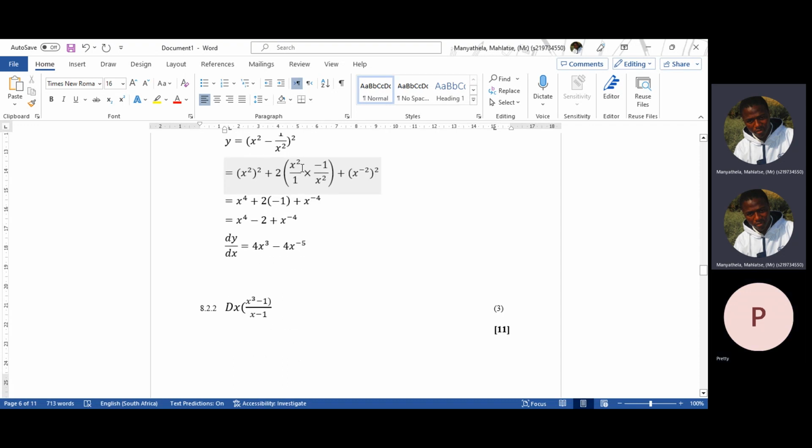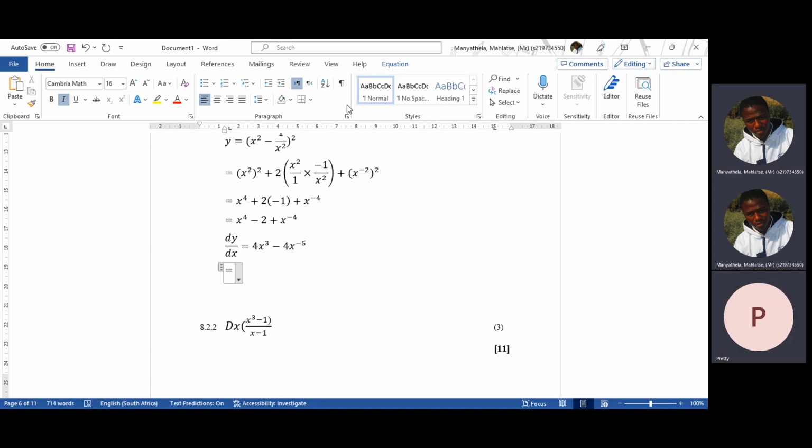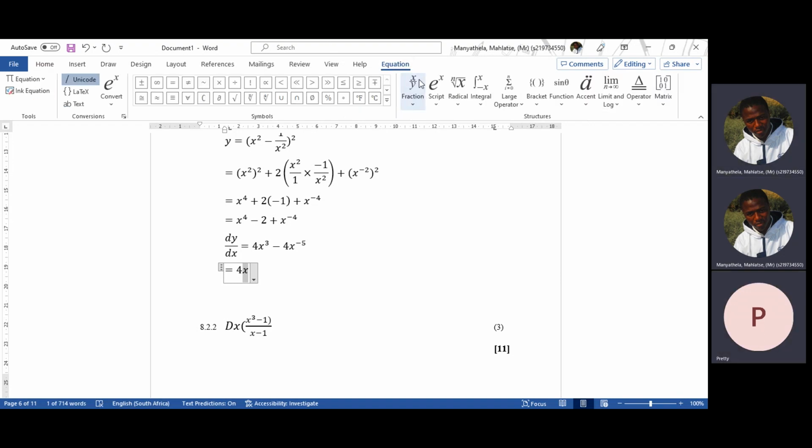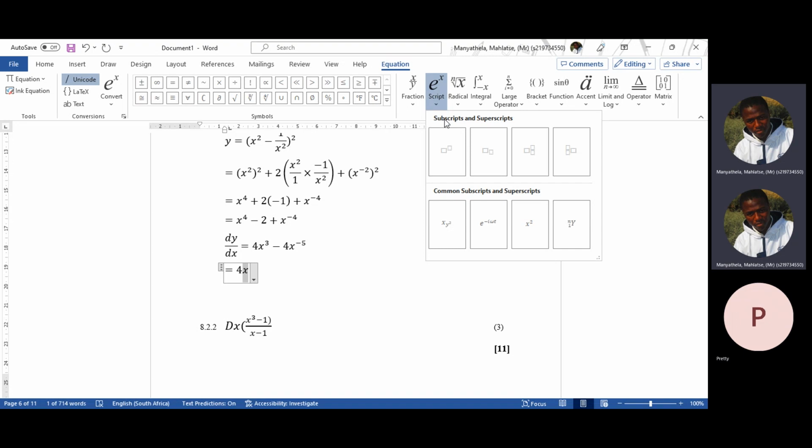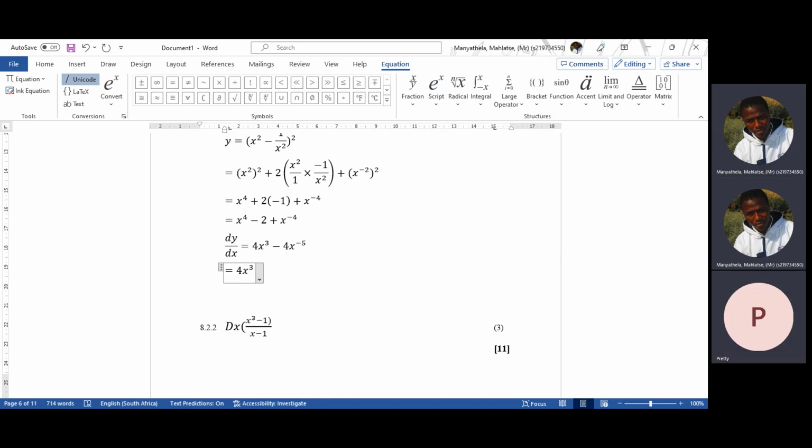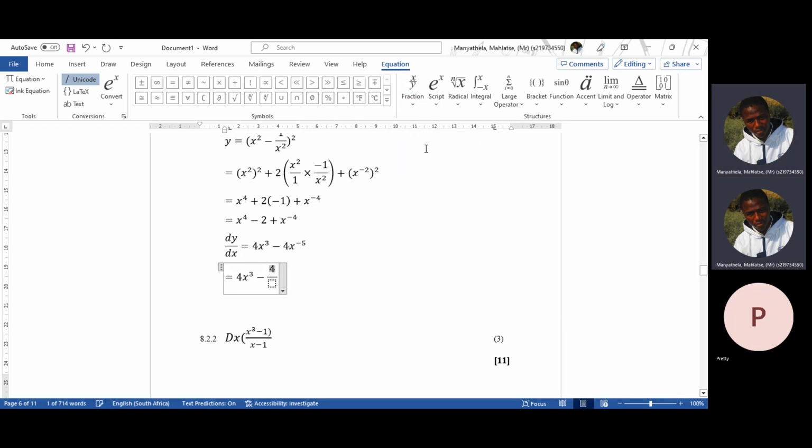So your final answer with a positive exponent will be 4x cubed minus 4 over x to the exponent 5.